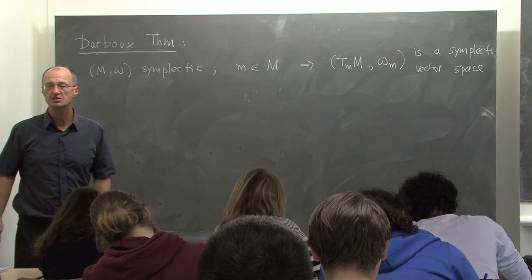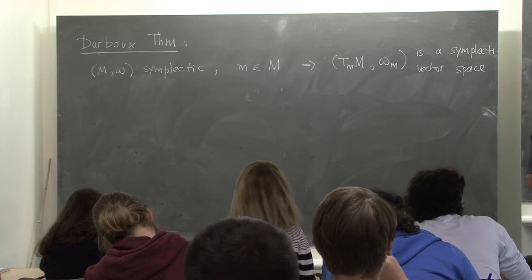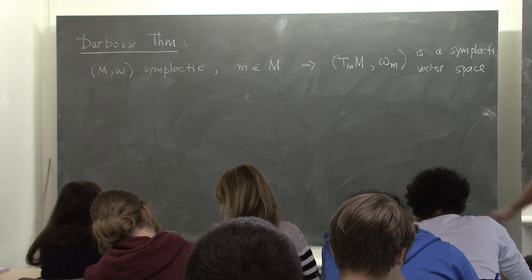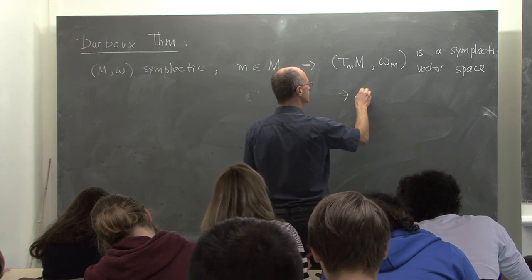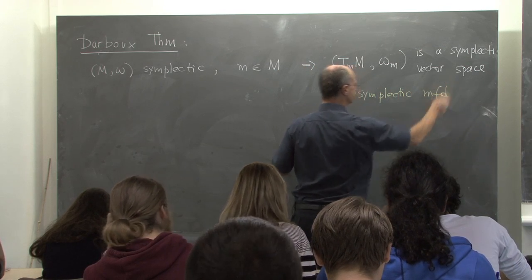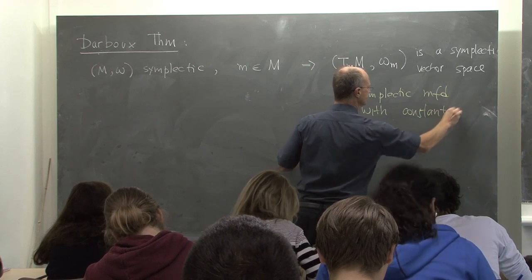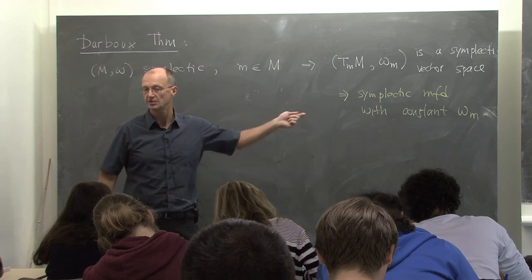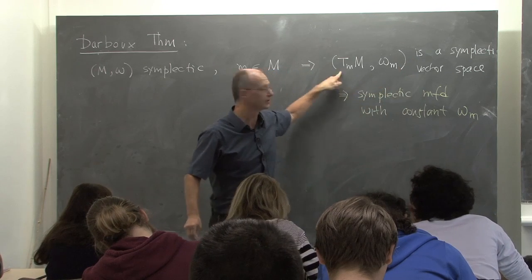This means that we can think of it as a symplectic manifold with a constant two form omega m. These are just two different viewpoints on the same object.